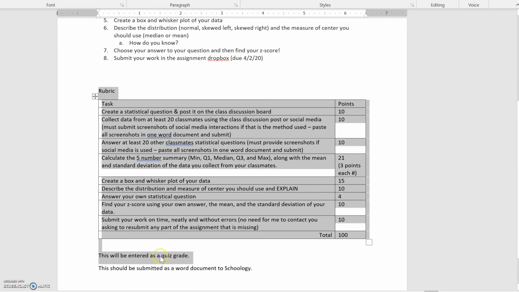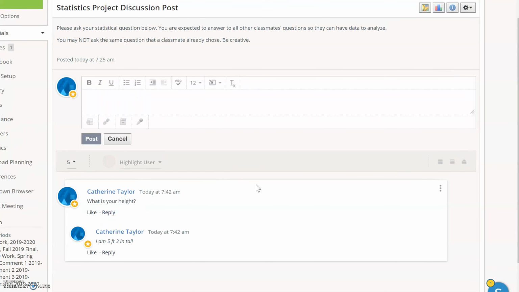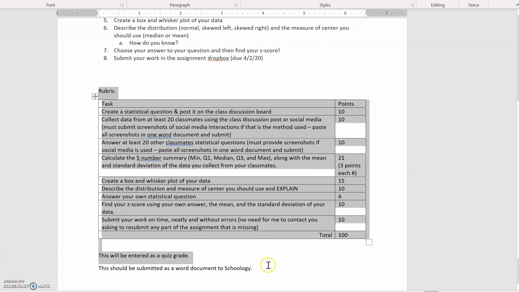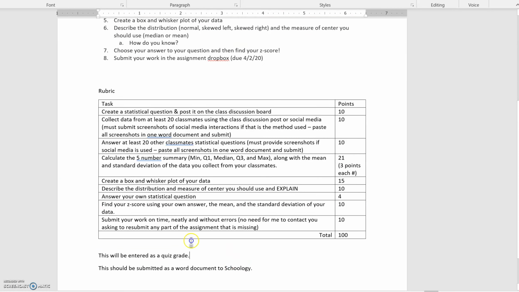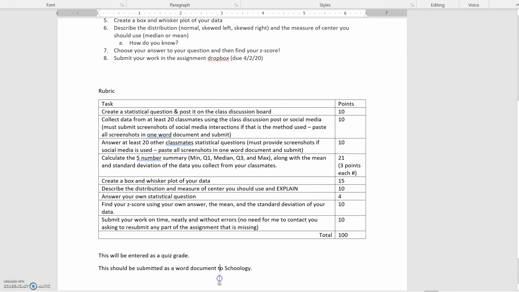The only stuff that it might not contain is anything posted on the discussion board. You don't need to screenshot things posted on the discussion board because I have access to it. But anything that's not on the discussion board should be in your Word document.